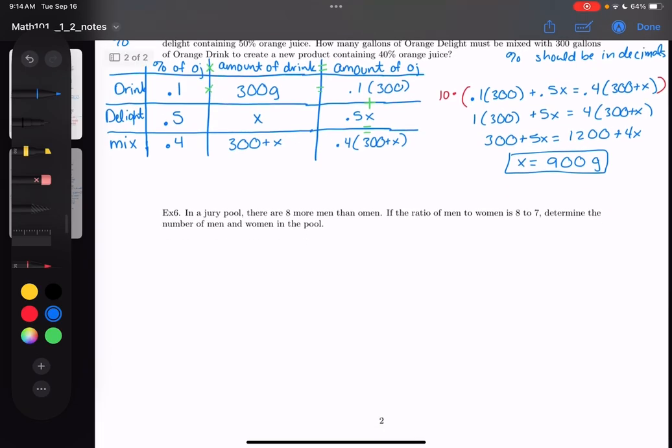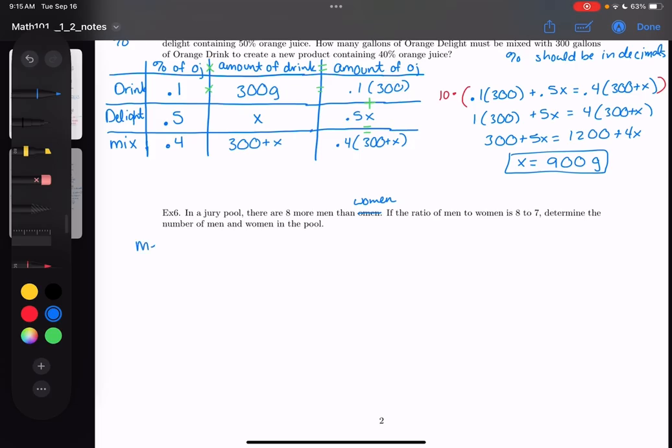Our last question here, I'll go through a little quickly. It's just a proportions problem. It says there are 8 more men than women in this jury pool. Sorry, there's a little typo there. And the ratio of men to women is 8 to 7.